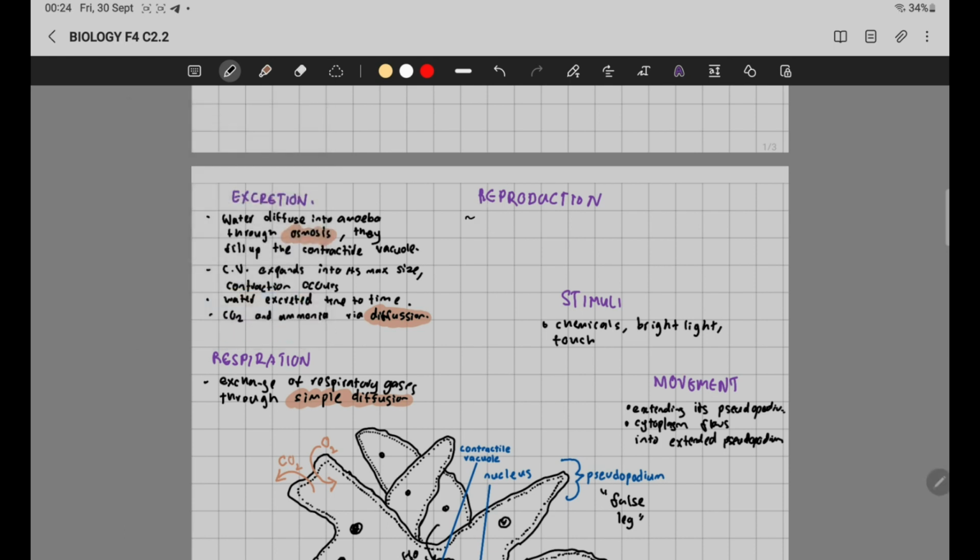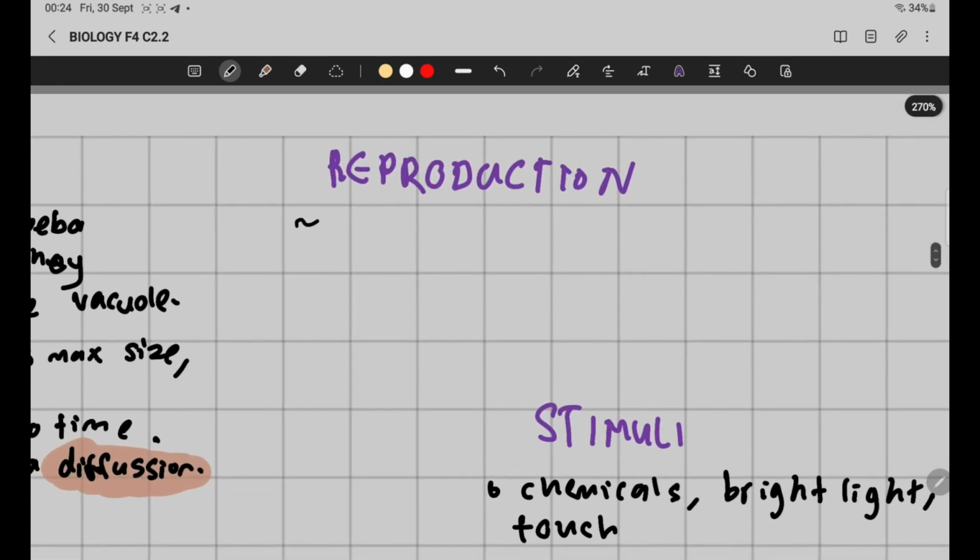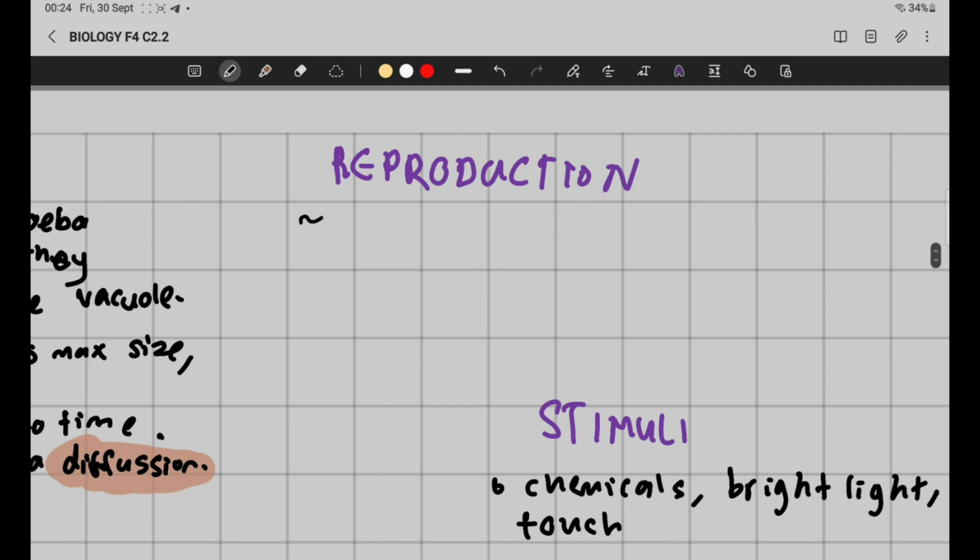The first one is when in normal conditions, when all environmental factors are suitable for reproduction to occur, they will reproduce through binary fission.